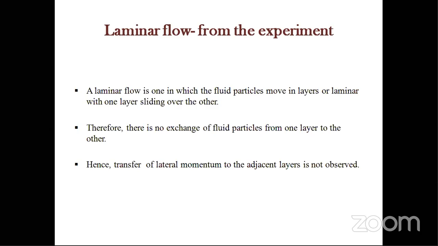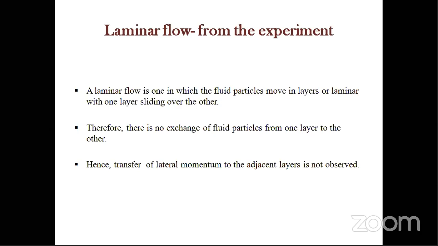When we do this experiment, you see that the colored liquid looks like a streamline or straight line, meaning each particle is individually bound or connected with the others along the straight line. In case of turbulent flow, what happens? You just shake it, and the particles become unbound and mix with the water. In laminar flow, the particles are parallel and bound with each other, so it looks like a straight line.